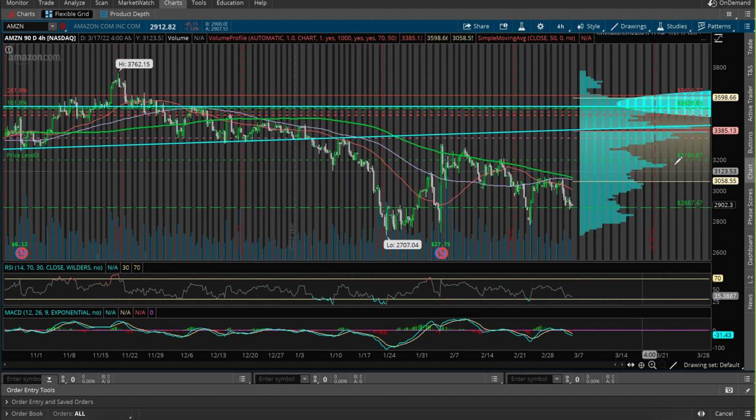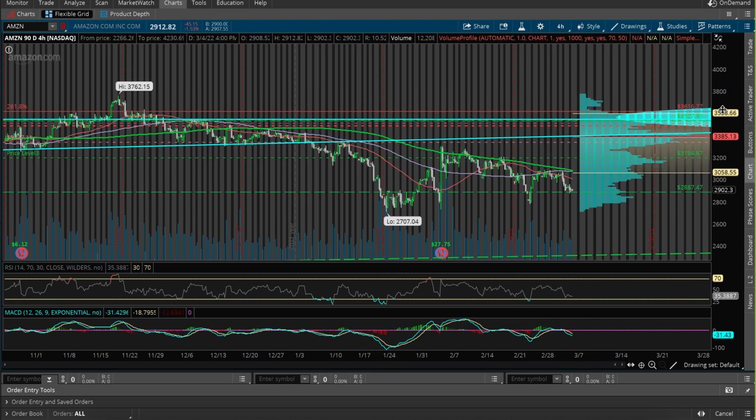90-day 4 hour. Wow, that kind of looks like a Head and Shoulders, a rough one though, or possibly an inverse Head and Shoulders.